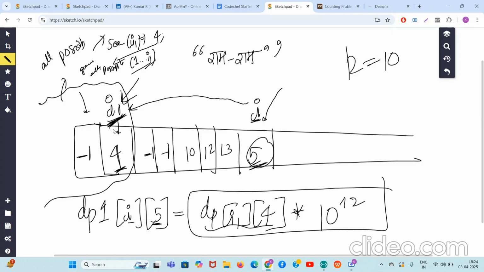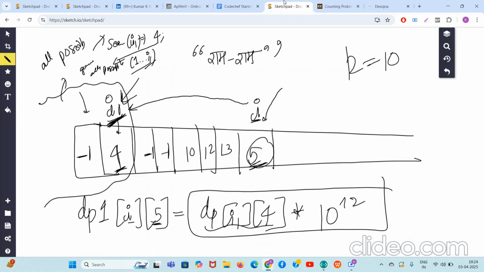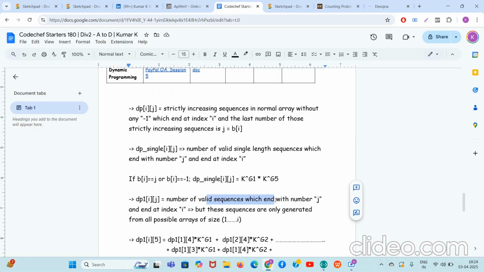Guys, all possible arrays have been created. Read the definition again, okay? dp1 ij is not just the valid sequences which end with number j and at index I. These sequences are generated from all possible arrays of size I.